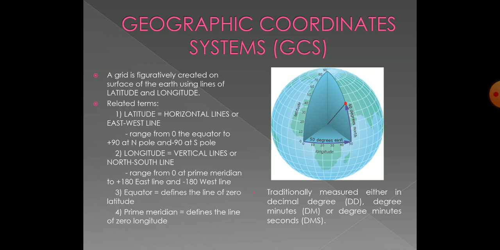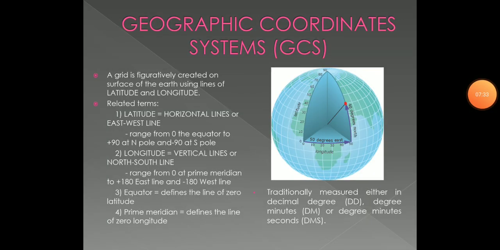These lines are not parallel, being wider at the equator and then becoming narrower as they approach the poles. The range is from 0 at the prime meridian, which runs through Greenwich in England, to plus 180 degree to the east and negative 180 degree to the west.